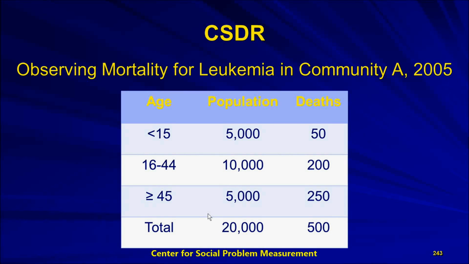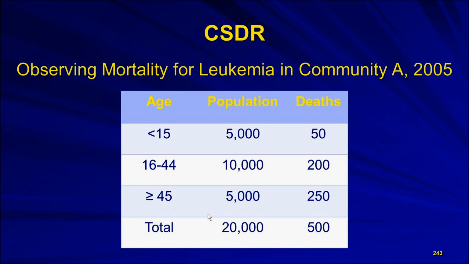But if I was going to ask you to calculate the formula for the cause specific death rate for leukemia, where would you focus your attention and why? Now, this is for leukemia, right? And we know that this is a crude death rate.